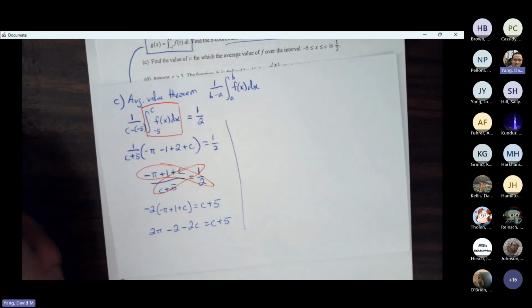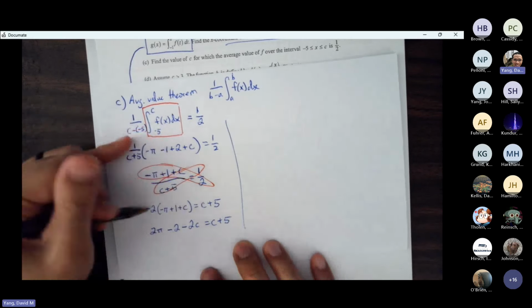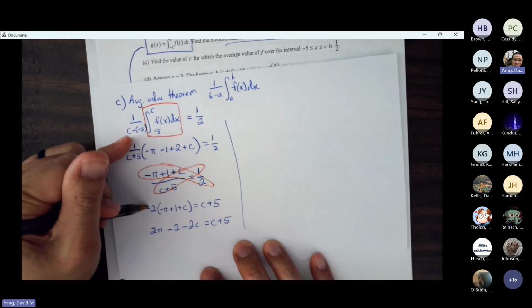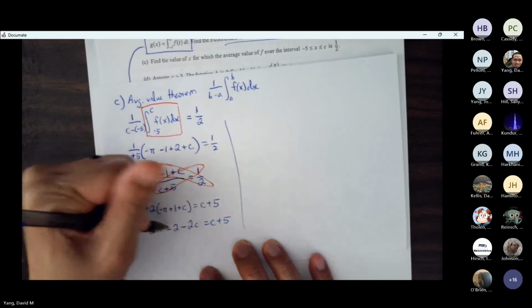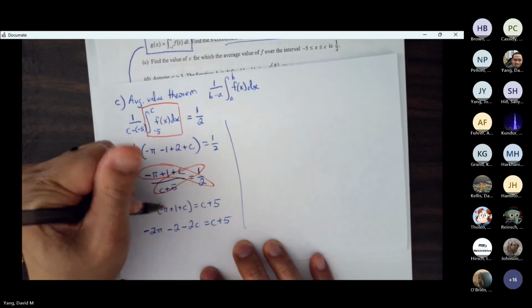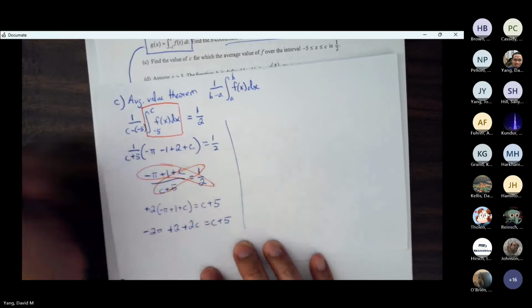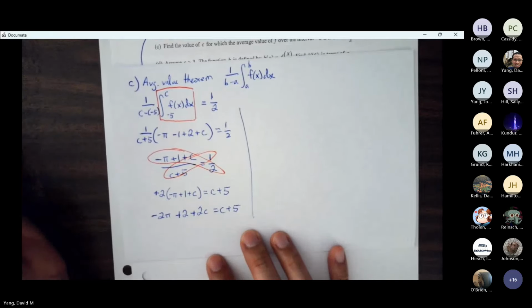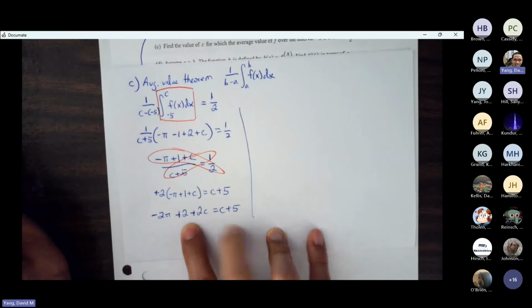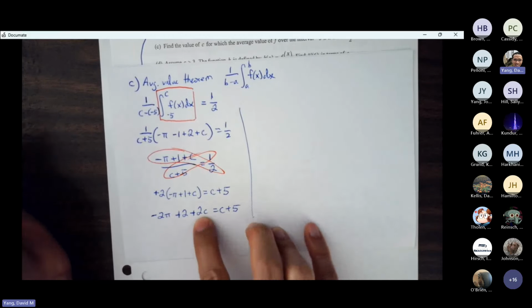Let's see, did I mess up 2? Oh, sorry, this is a positive 2, not a negative 2 here. Okay, I'm going to move the C's together on this left side here.